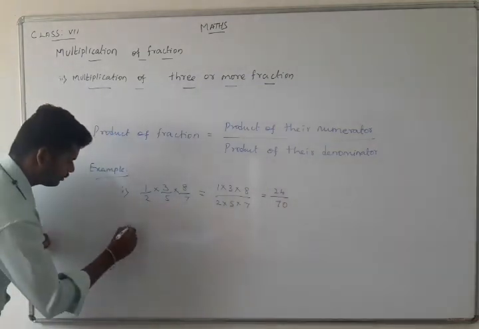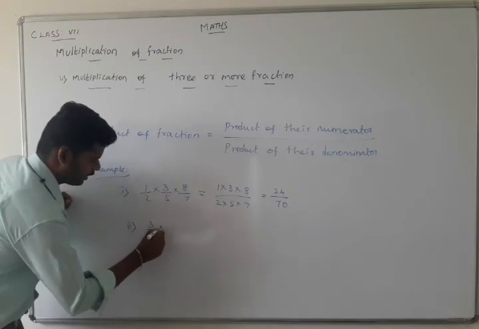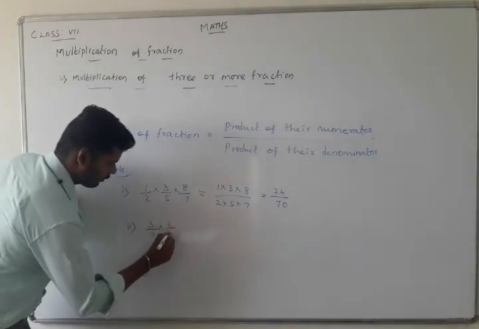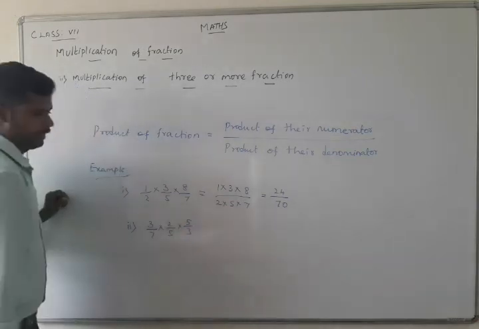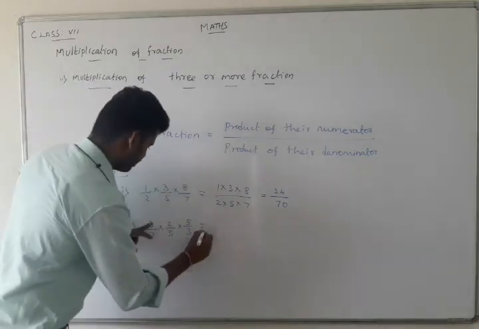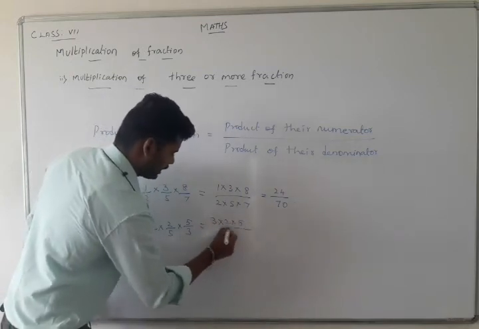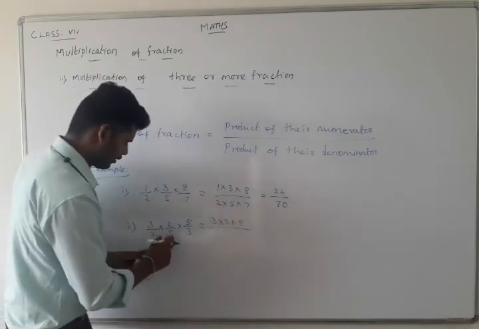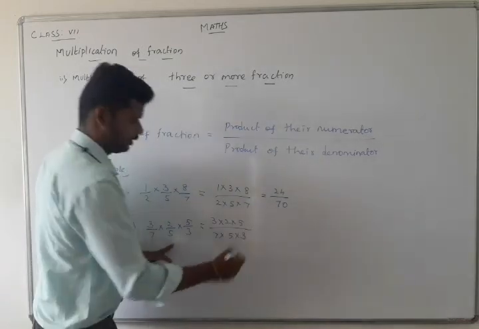Another example: 3 by 7 into 2 by 5 into 5 by 3. Same, like this: 3 into 2 into 5 divide 7 into 5 into 3.